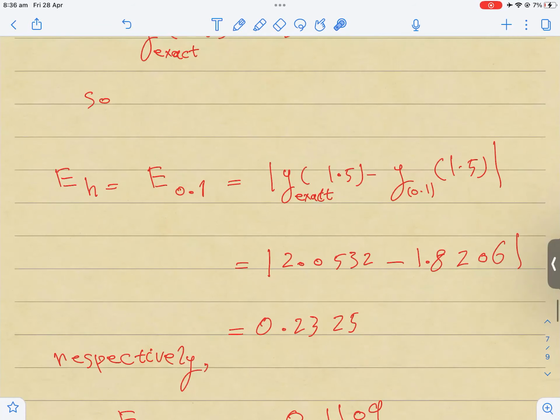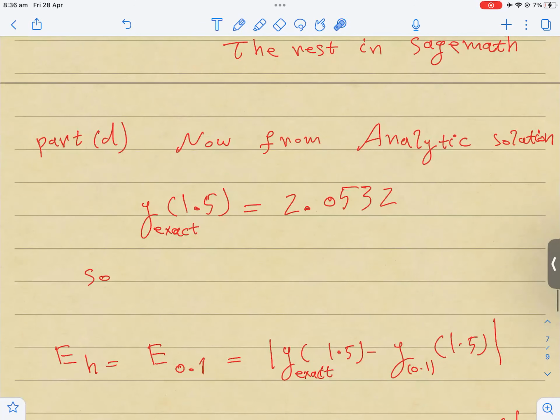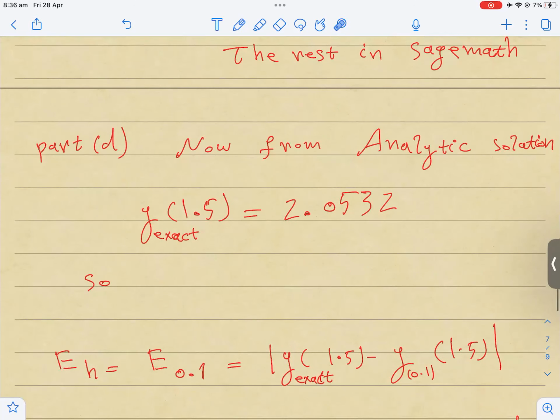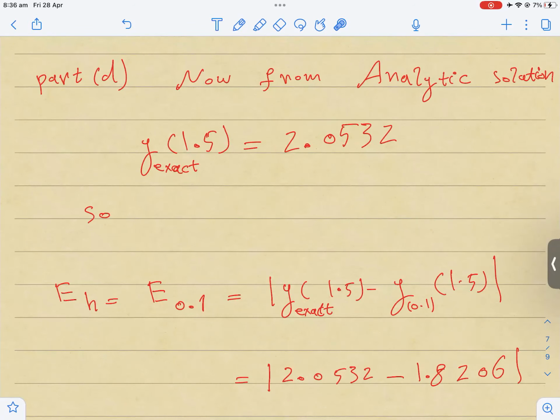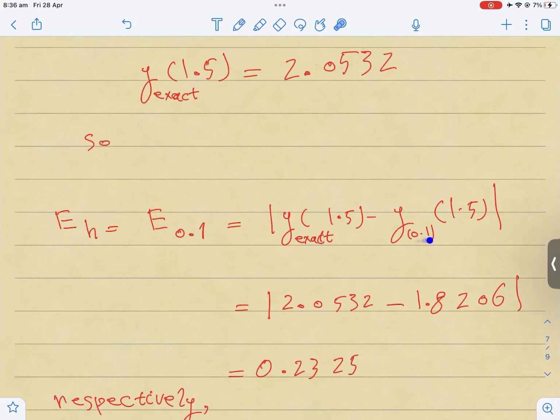So the exact point is this one. What is the global truncation if I use h equal 1/10? It is y exact minus the Euler method with this step. So the absolute value of the difference is this guy.